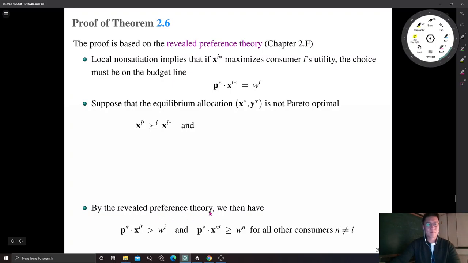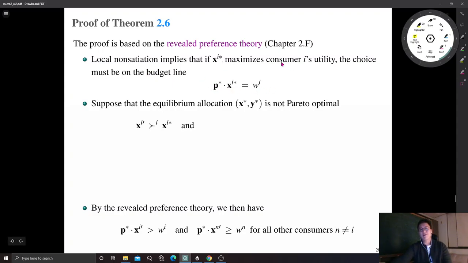First, let's think about the implication of the local non-satiation assumption. If every indifference curve is just a single curve, then at the utility maximizing bundle, the budget constraint has to be binding.